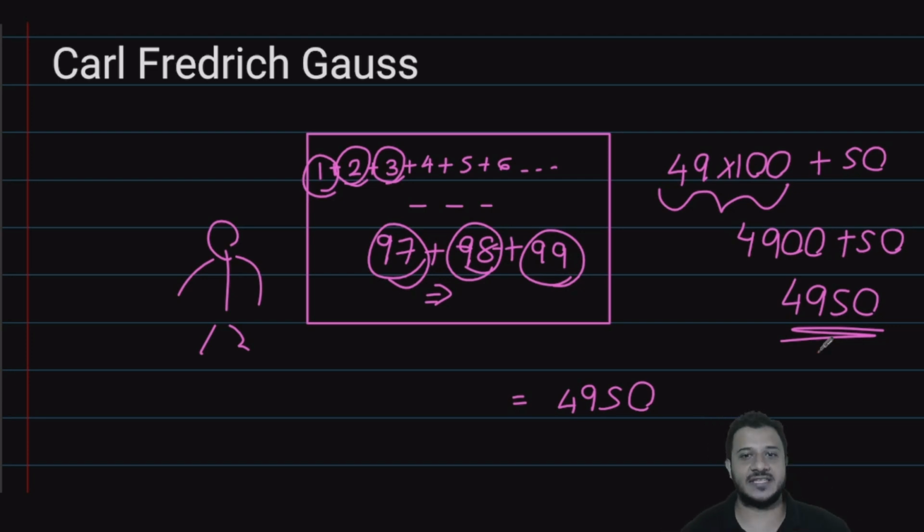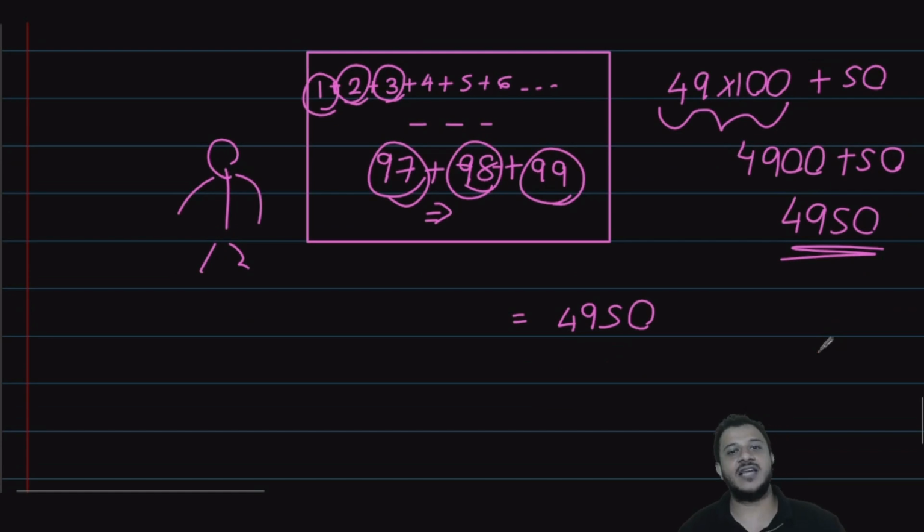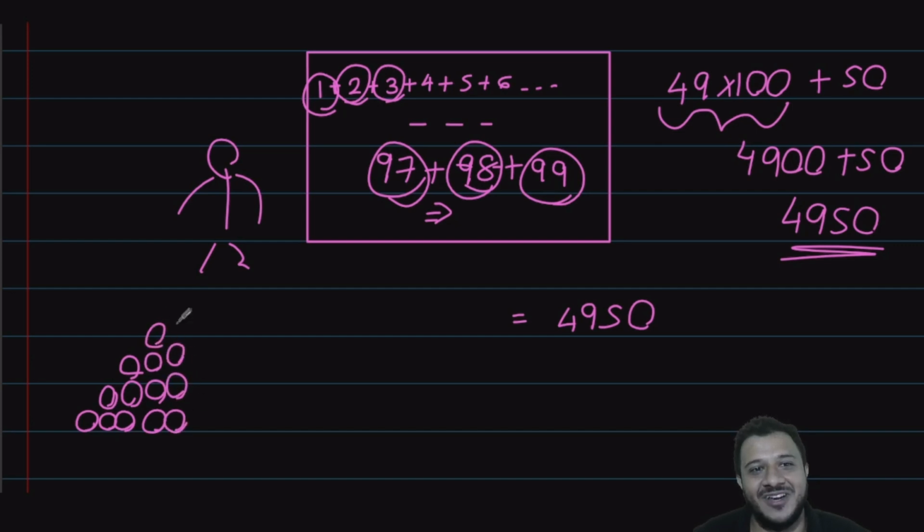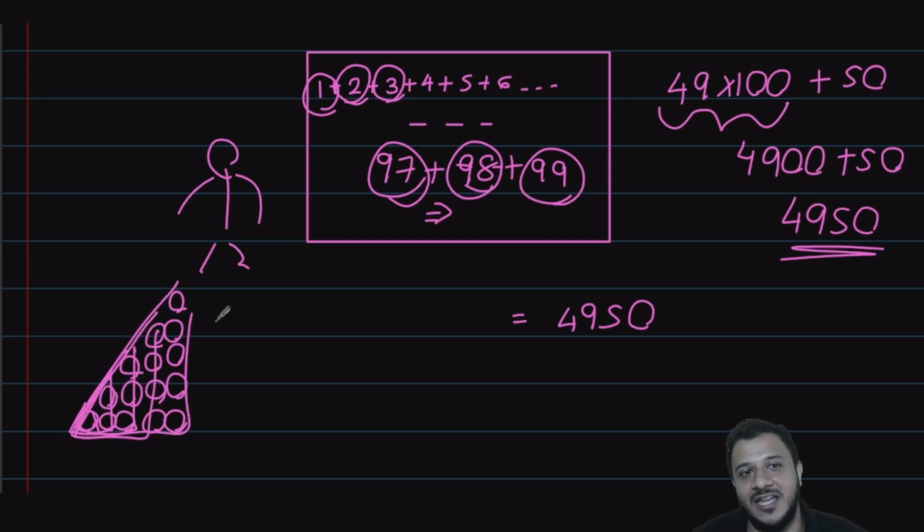After that, he started to think about it in a really different way. He started to think with triangular numbers. 1 is there, 2 is there, 3, 4, 5. Can you see the number pattern of triangle numbers? 1, 3, 6, 10, 15, like that.